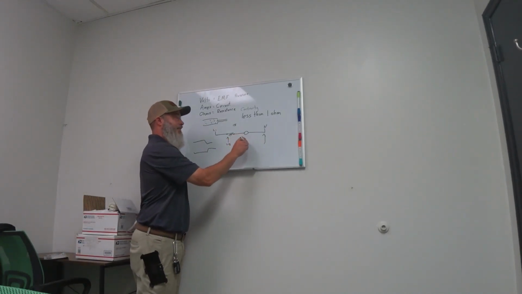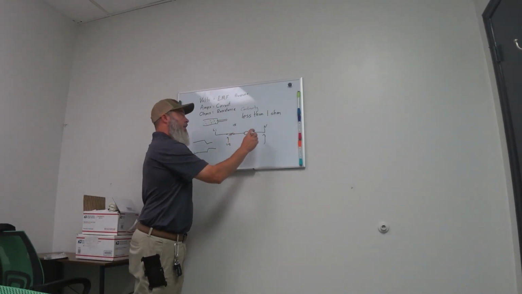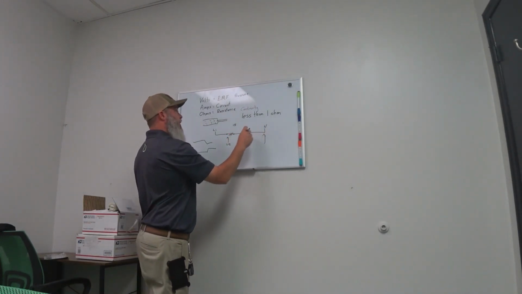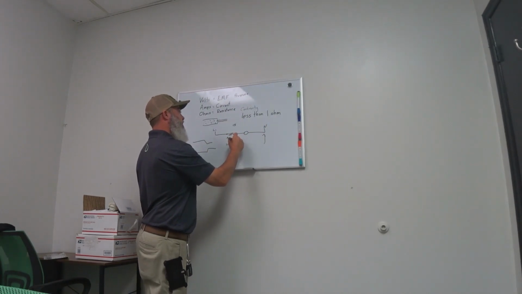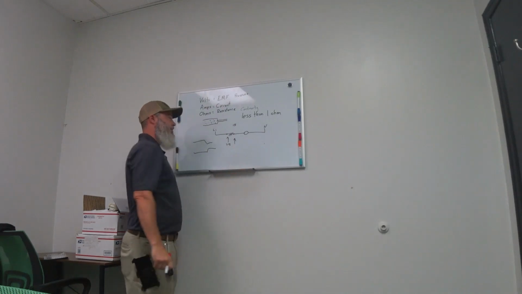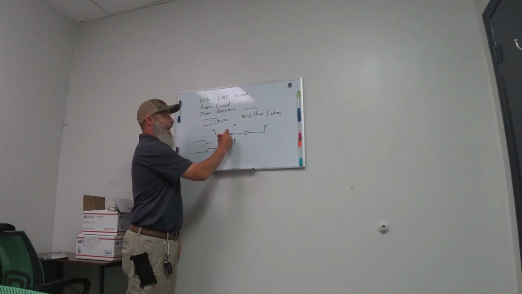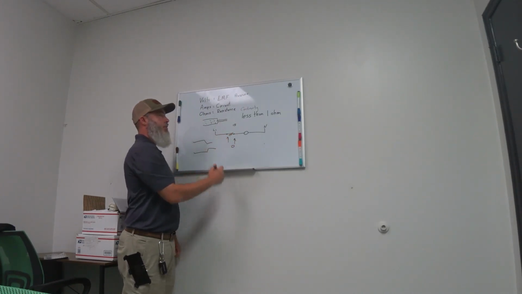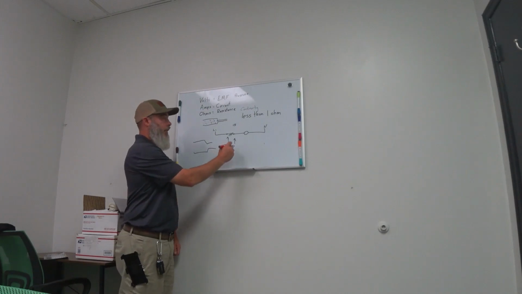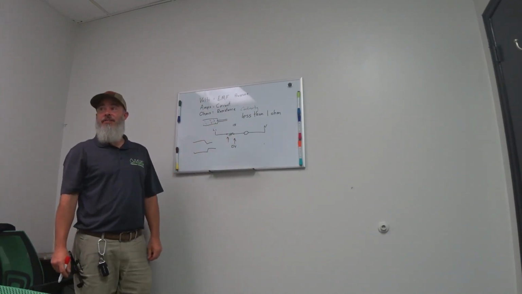Exactly. It's open. And you can verify by coming over here, and you still got 115 volts. Because if this was actually closed, from there to there would be 0. Because it's like the same line.